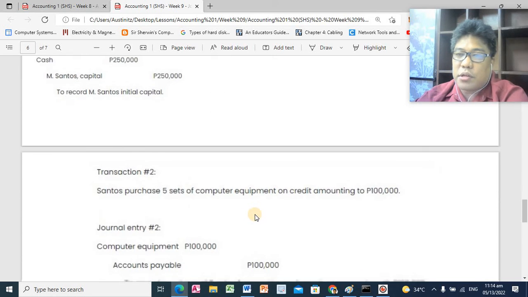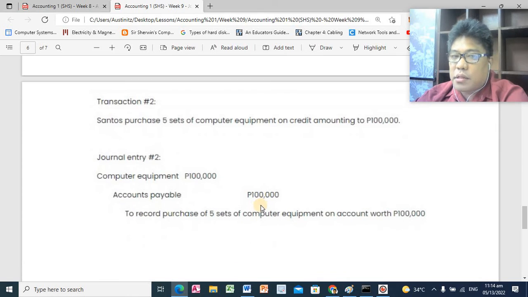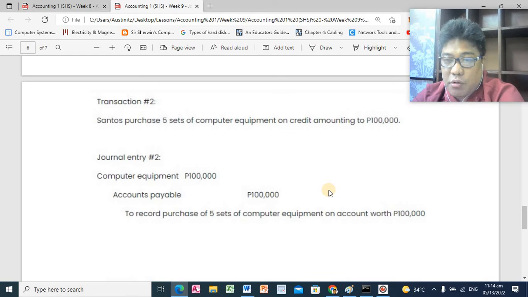Let us have transaction number 2. Santos purchased 5 sets of computer equipment on credit amounting to 100,000 pesos. For the journal entry, first we analyze the transaction. Si Santos po ay bumili ng 5 sets ng computer equipment on credit. Ano ba yung credit? Utang.